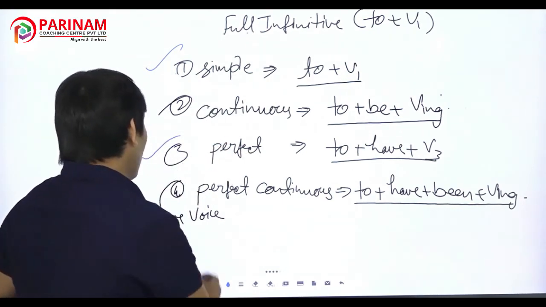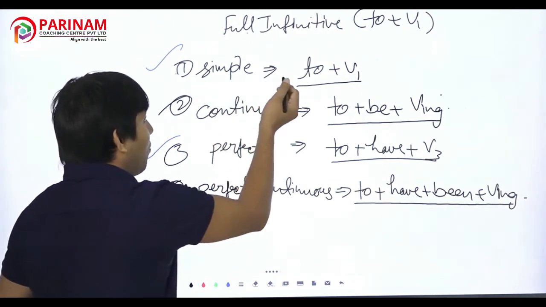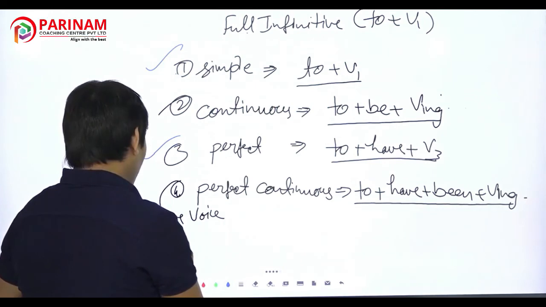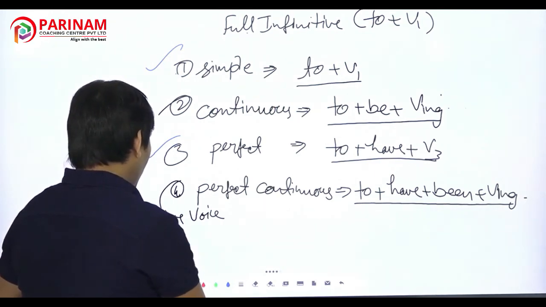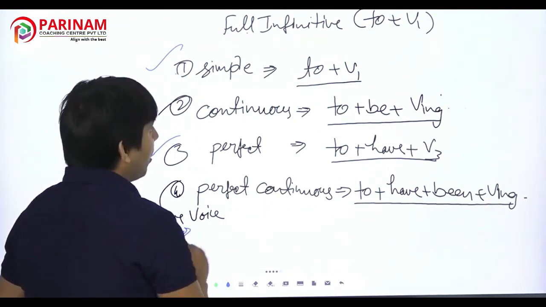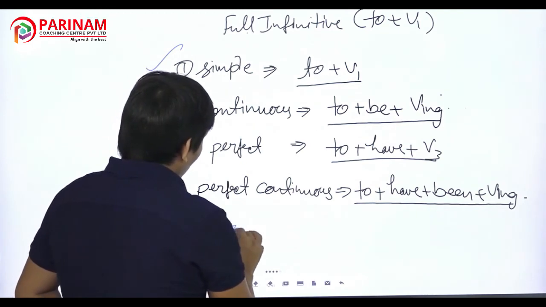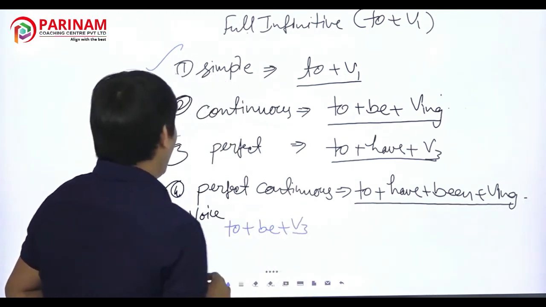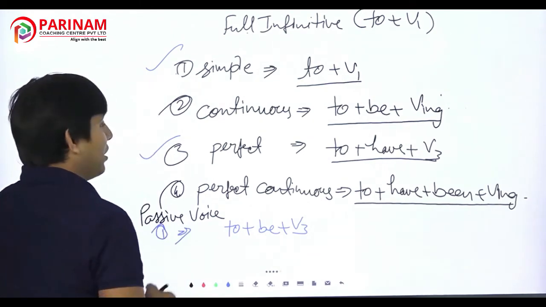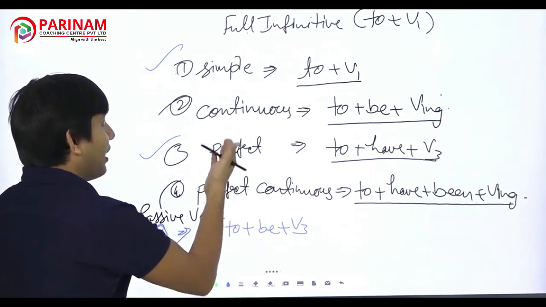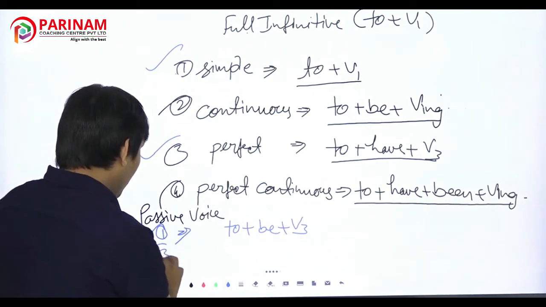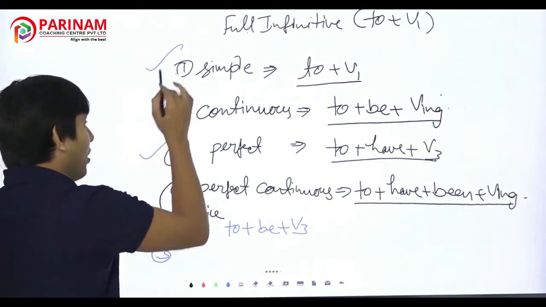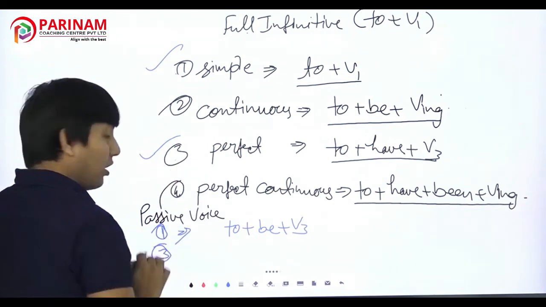Okay, so when we change the voice of this simple tense of the infinitive, it will become to plus be plus V3. And when we change the voice of the perfect tense of the full infinitive, see, I am writing first number, that means first to first and third to third.